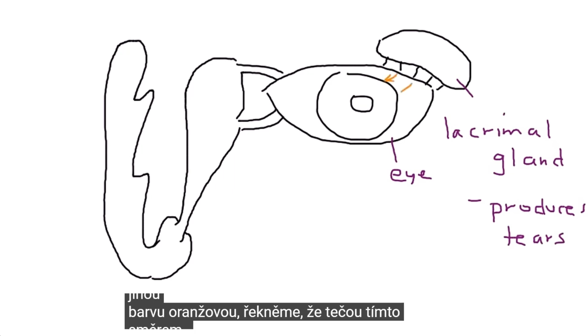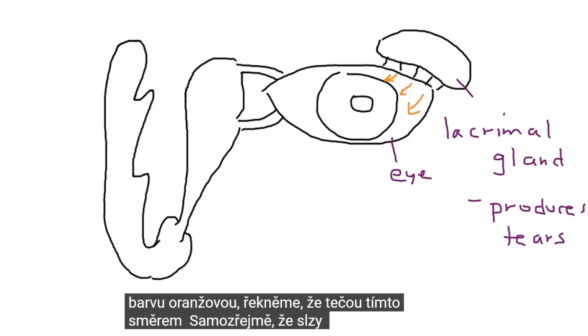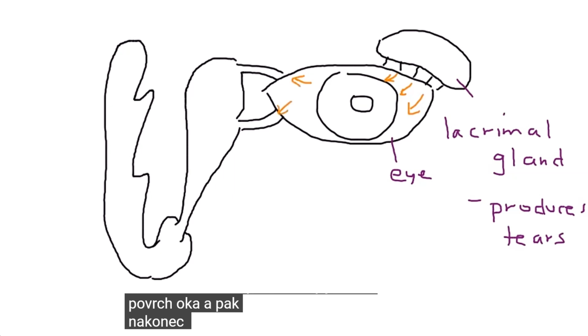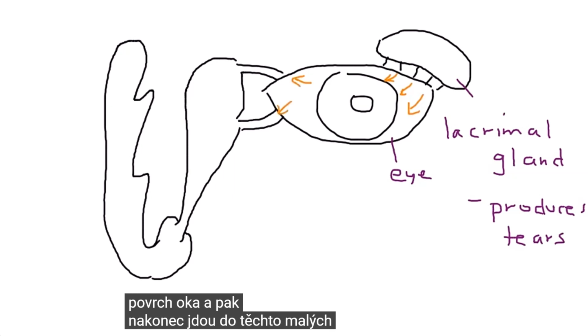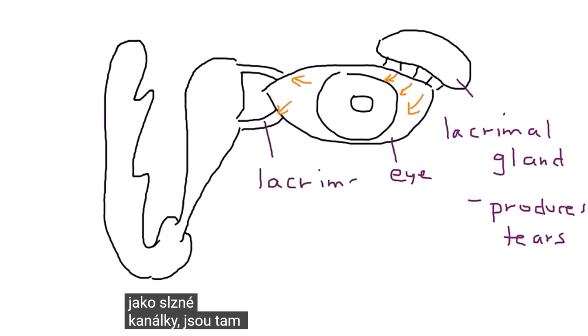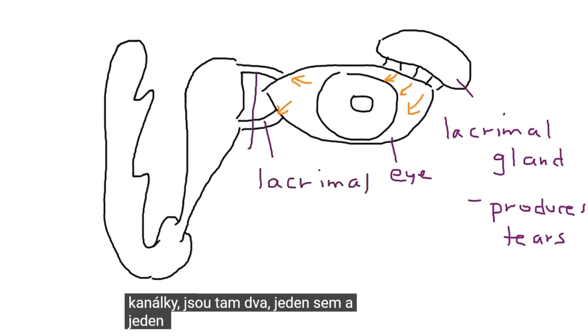They flow in this direction, of course. The tears go to the surface of the eye, and then eventually they go into these little canals, and appropriately they're known as lacrimal canals. There's two of them, one here and one there.